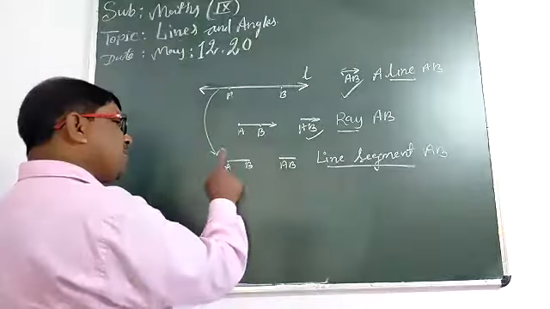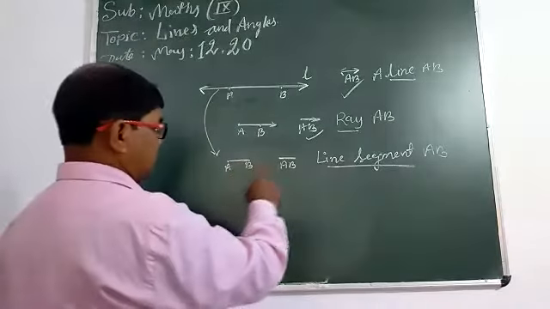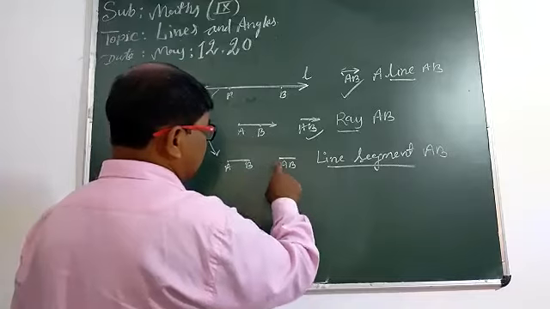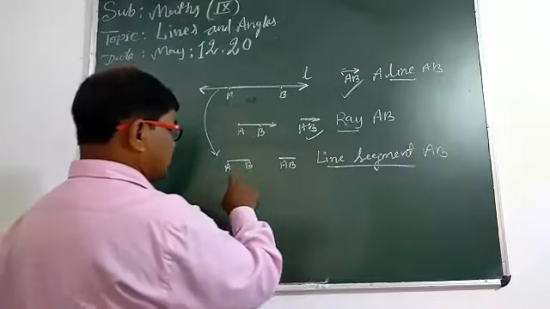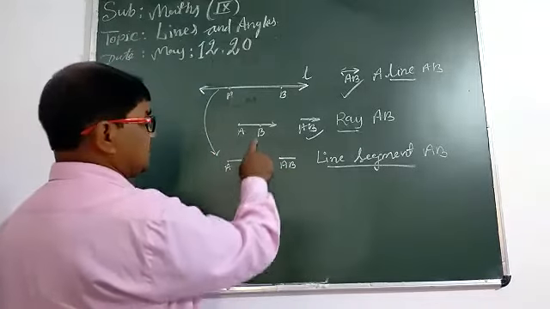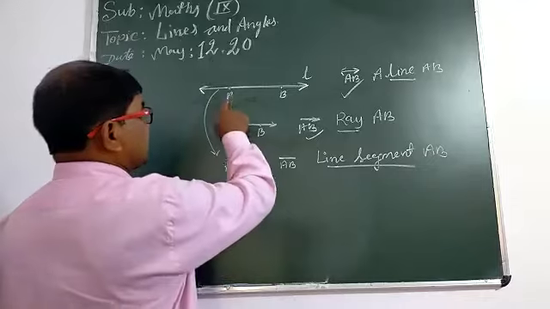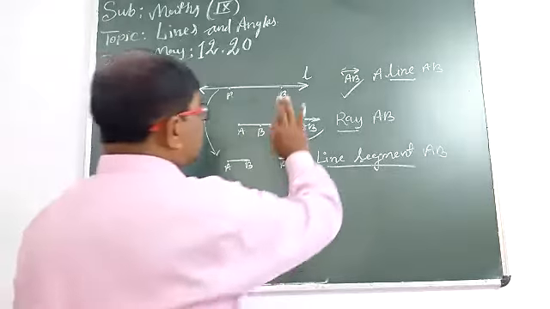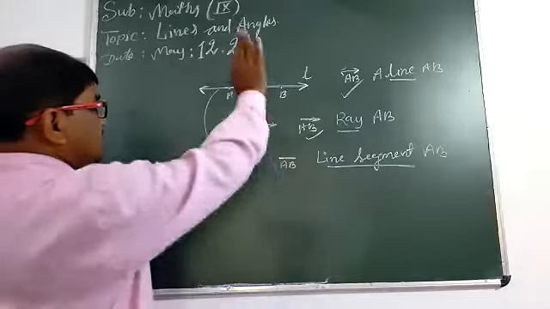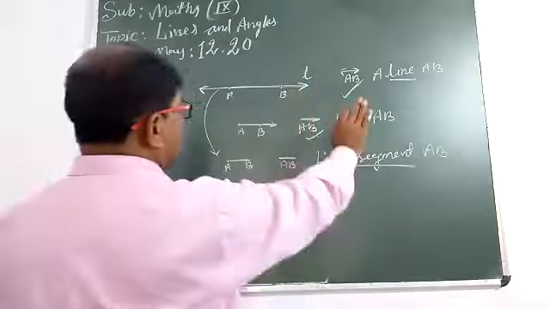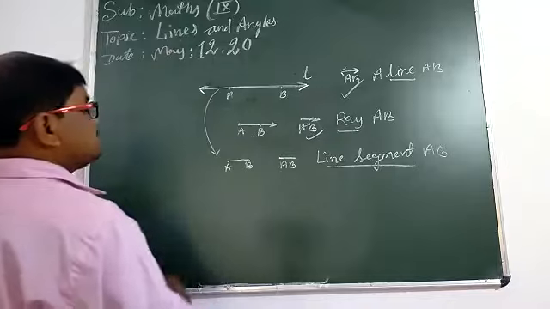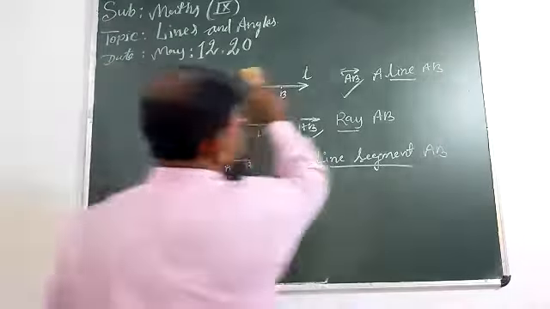And this is also a part of a line, represented as line segment AB. It has two end points; the ray has one end point; the line has no end point. So these are the line, ray, and line segment. Understood?